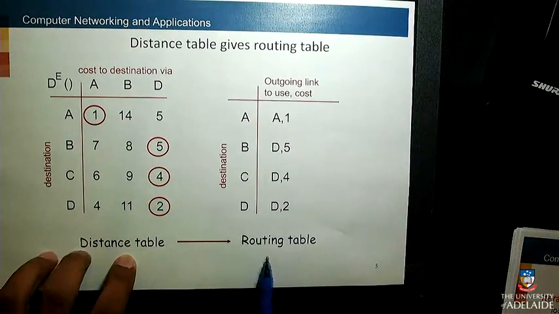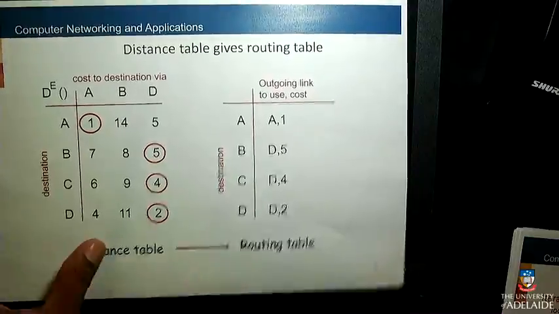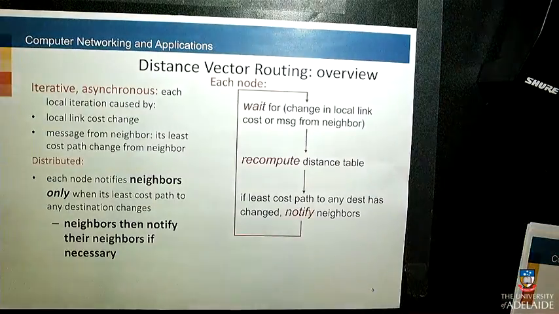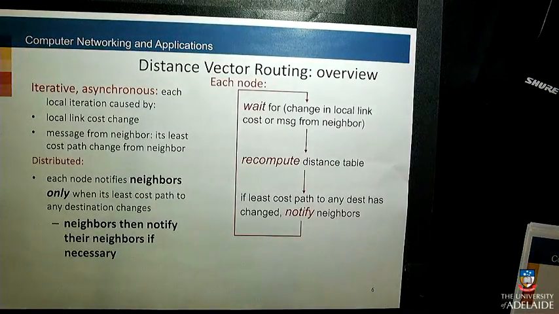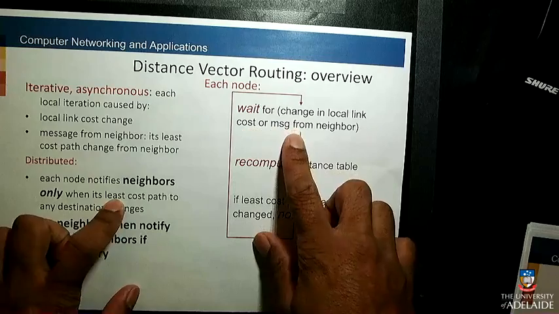Distance vector table, routing table, they're 2 different things, right? Okay. So how does the distance vector routing table, which is decentralized, work? So essentially, each node waits for a change in link cost message from a neighbor.